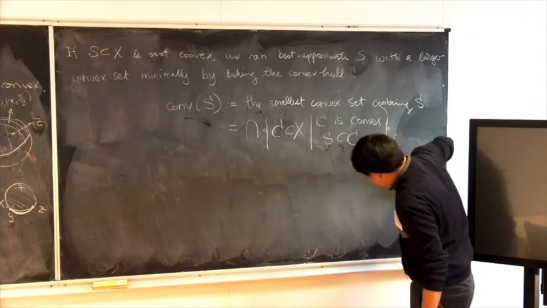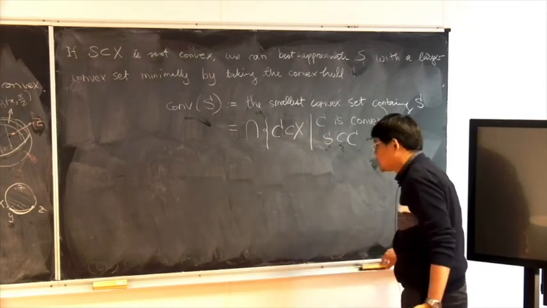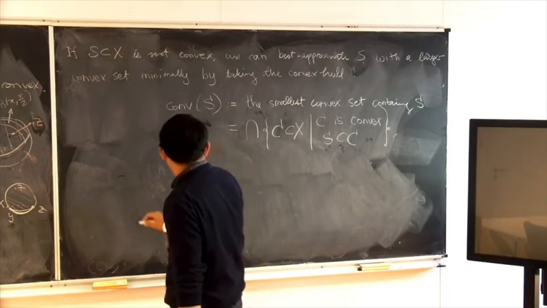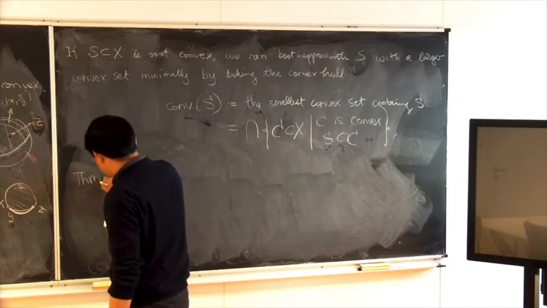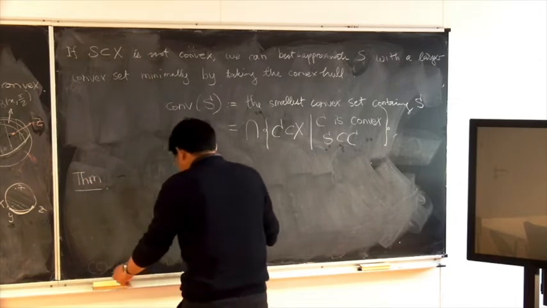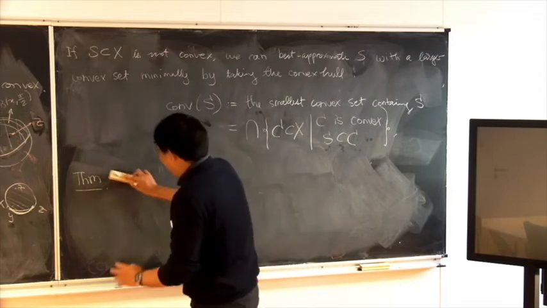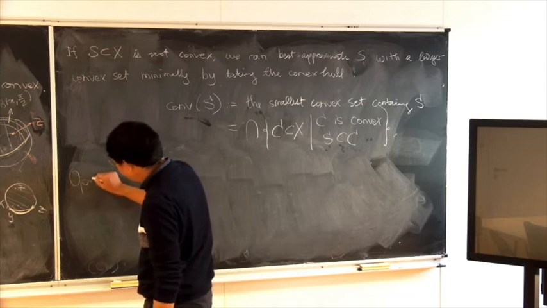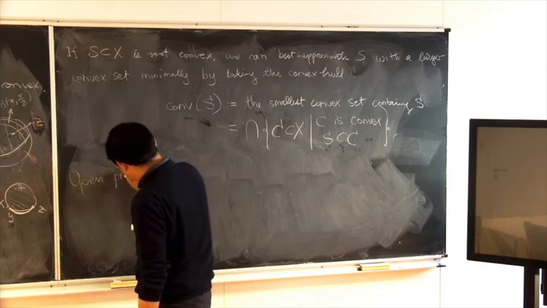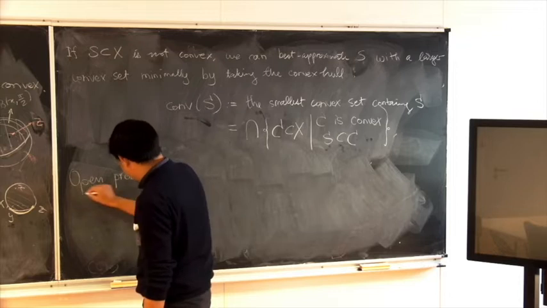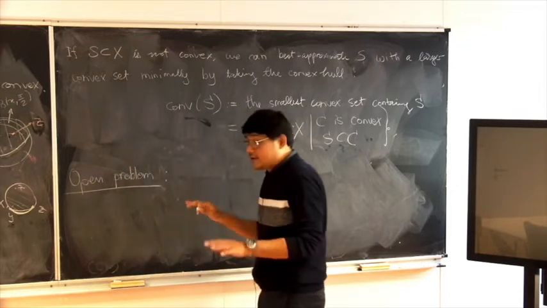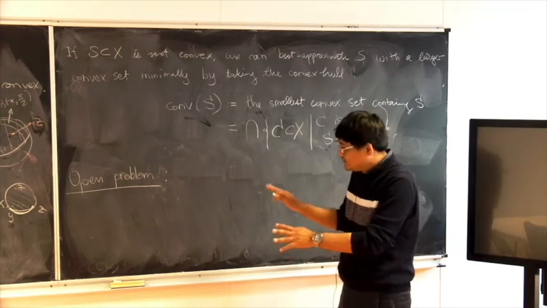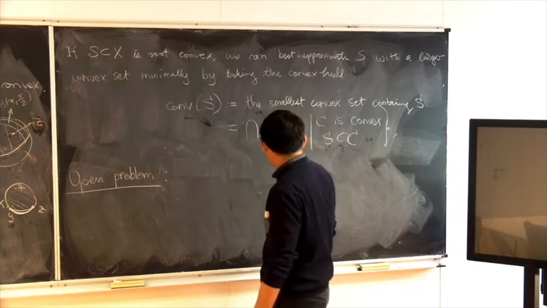Another property which is crucially important when we talk about a convex set in this setting is the following theorem. Before that, this is an invitation for you to solve difficult problems. This is an open problem. It's very surprising because the problem is very simple, but up to now it remains open.